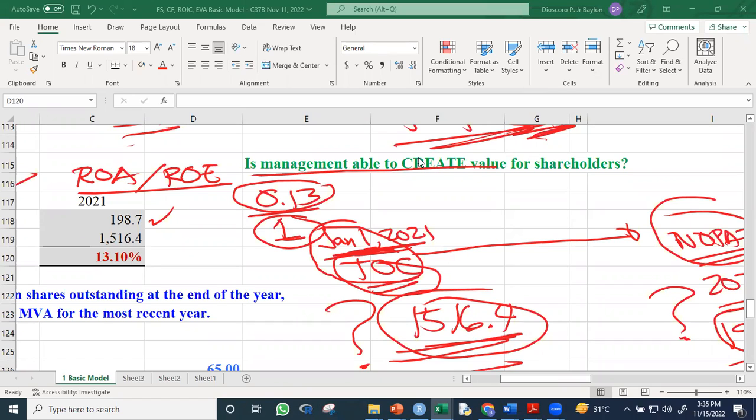Sir, it's the same lang din po as Rafa's. Ano ni Rafa? Because less is generated for every 1 peso invested. Okay, how do you know na less? Bakit naging less? Sige, tatanungin ko si Rafa.